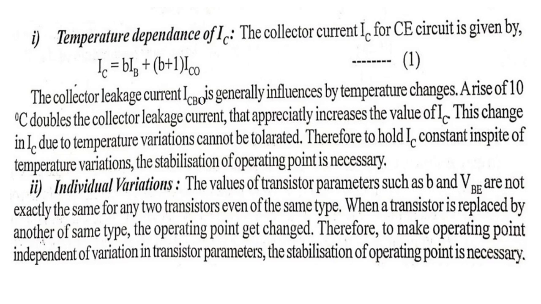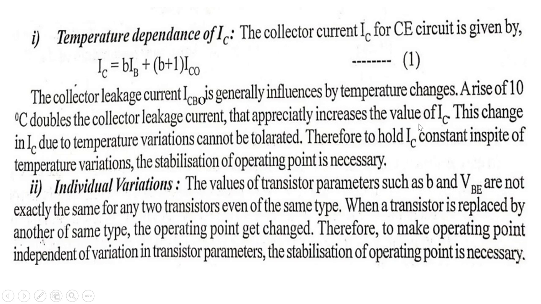By definition, quiescent means quiet, still, inactive, that is the point on the IC minus VCE characteristic when no signal is applied to the transistor. Suppose in the absence of the signal, the base current is 10 microampere. The IC and VCE condition must be some point on the characteristic, but these conditions should also be represented by some point on the DC load line.